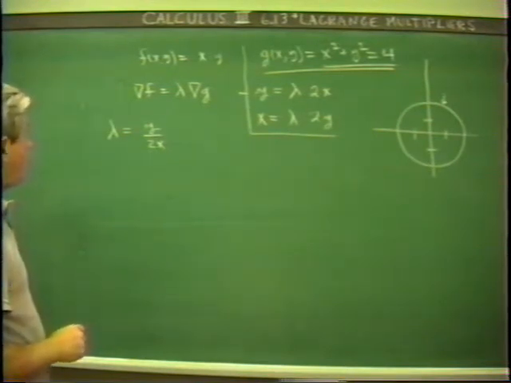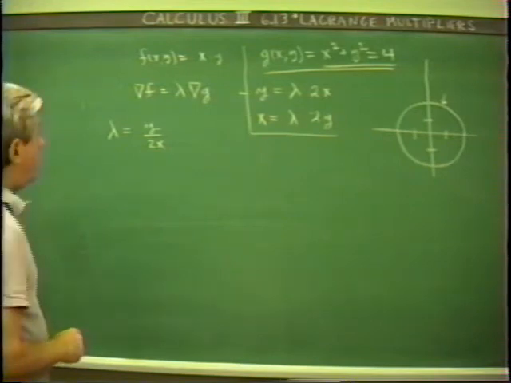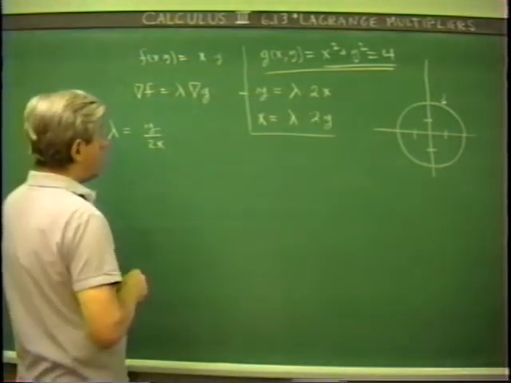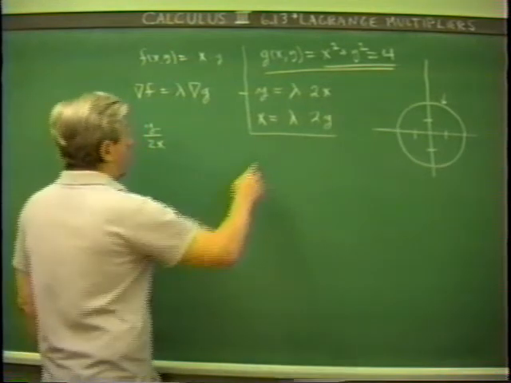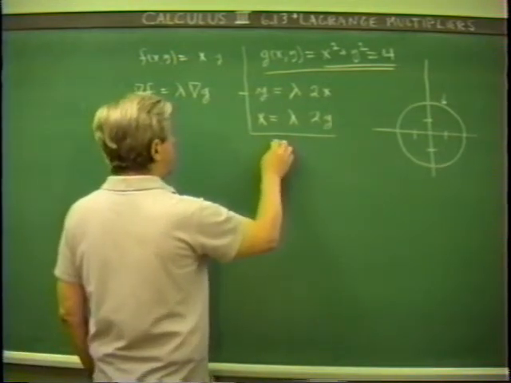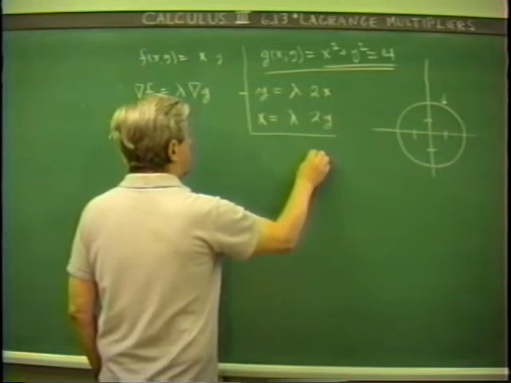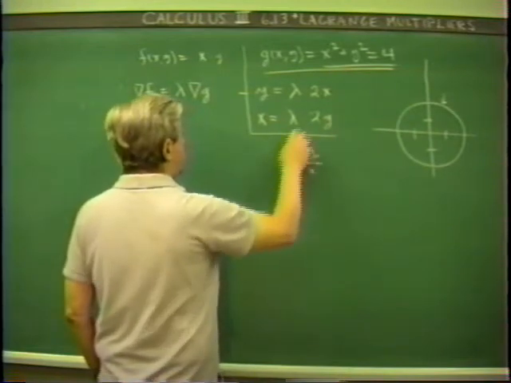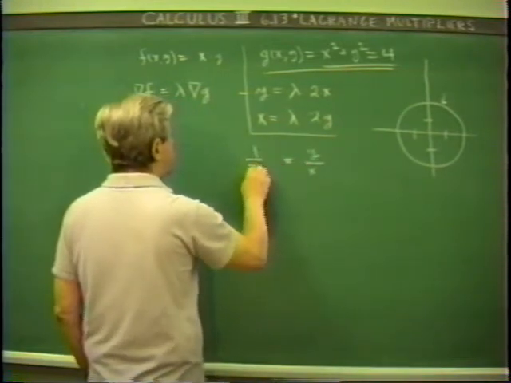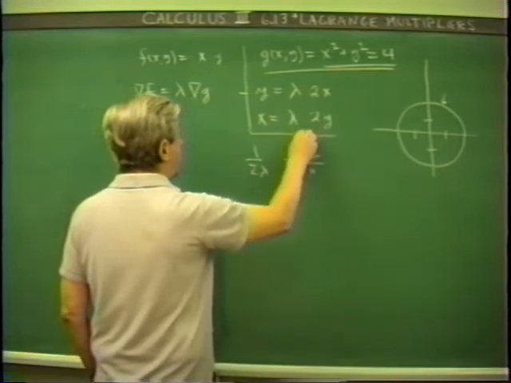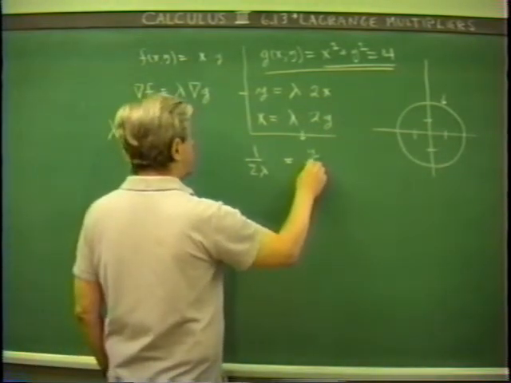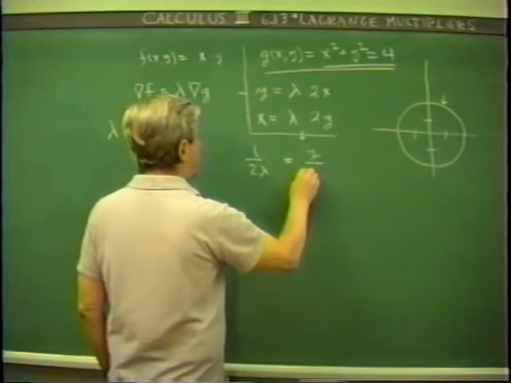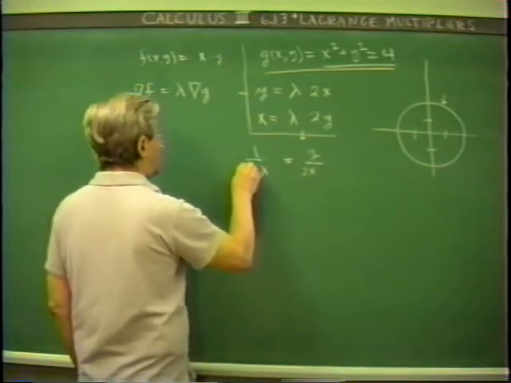What do we get here? Lambda from the second equation is equal to y over 2x. From this equation here, y over x is equal to 1 over 2 lambda.